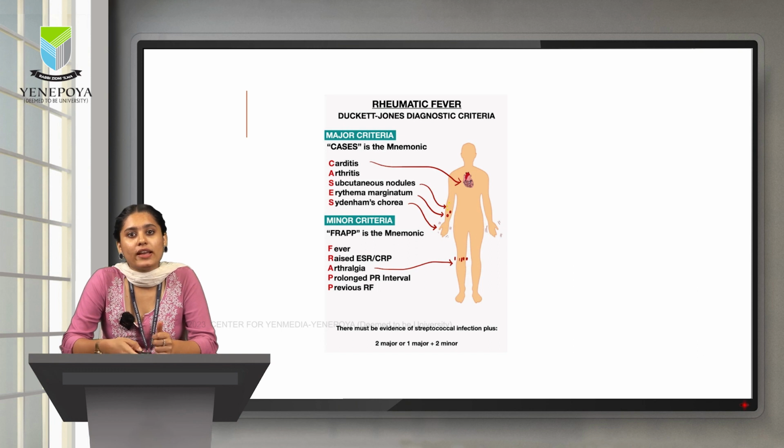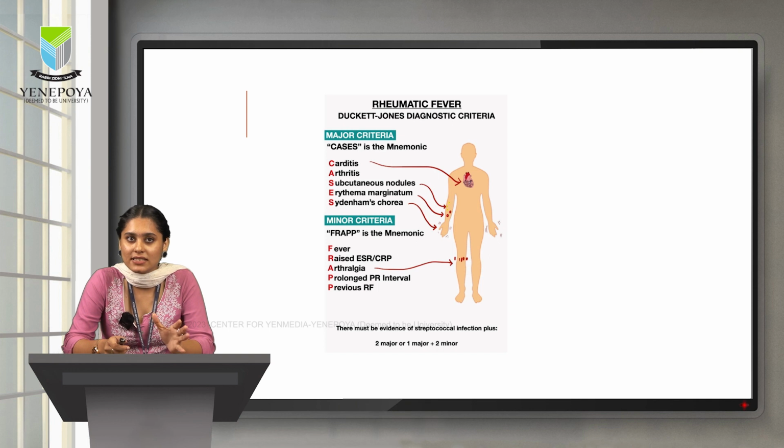This is how you can use mnemonics to remember the major and the minor criteria. For major criteria you can remember it as CASES. C stands for carditis, A stands for arthritis, S stands for subcutaneous nodules, E stands for erythema marginatum and S stands for Sydenham chorea.